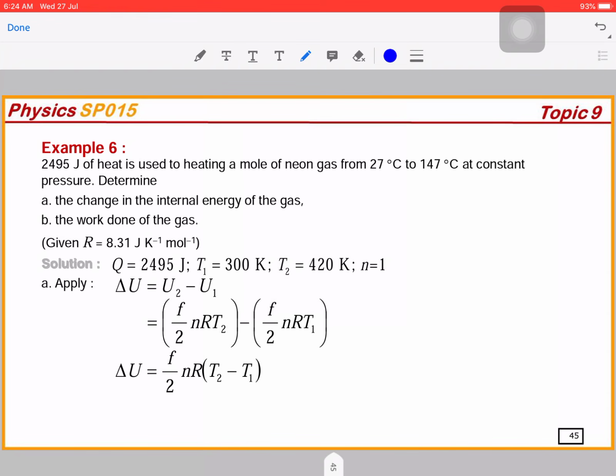Okay, so we want to find the change in internal energy. So we use delta U is equal to U2 minus U1. So just substitute. U2 is F over 2 nRT2 minus F over 2 nRT1. So we can say delta U is F over 2 nR(T2 minus T1).